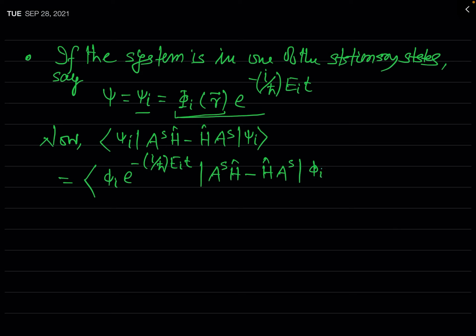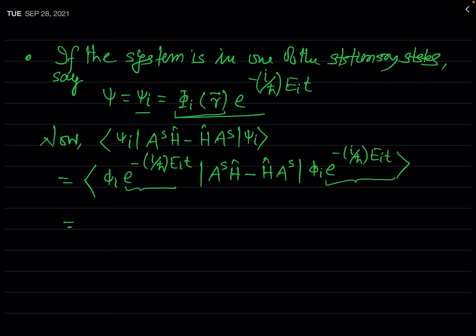Again we will write phi i e to the power minus i over h bar E_i t. Now you can see this exponential factor is inside the bra, and this exponential factor is inside the ket.